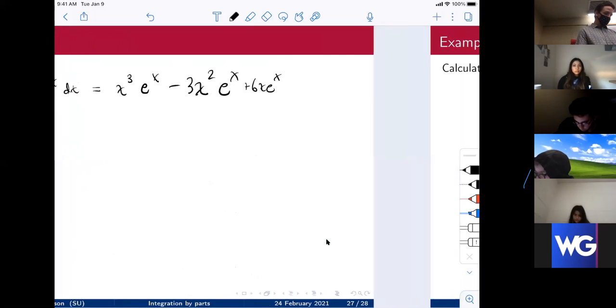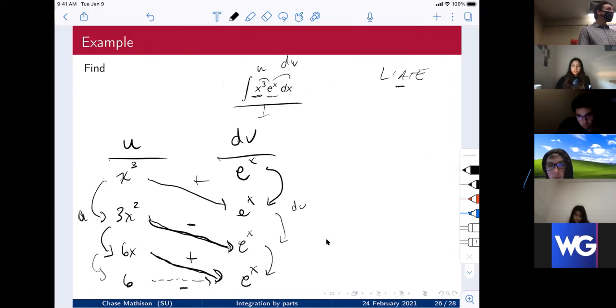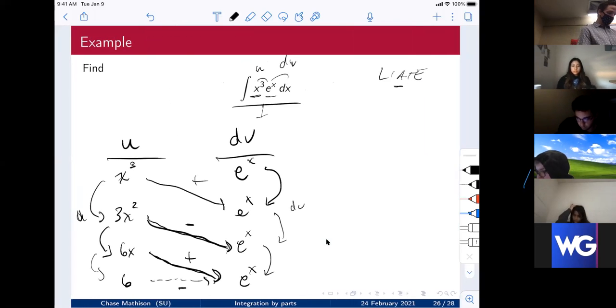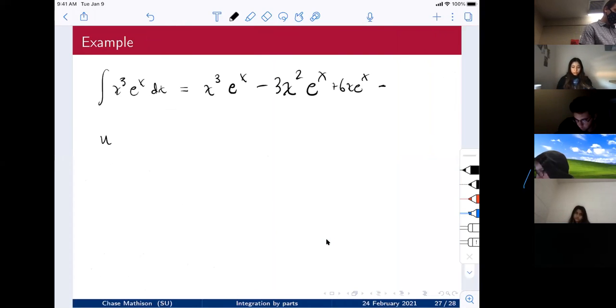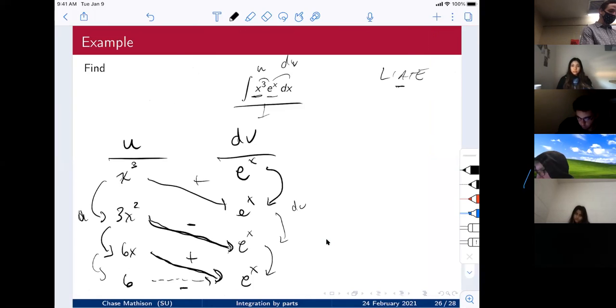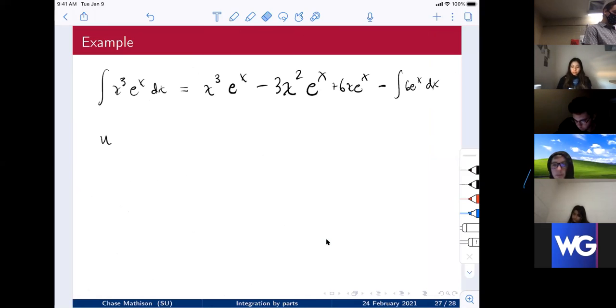Okay. And then, oopsies, minus 6 e to the x. The integral of that. Minus, it's a dashed line, so minus the integral of 6 e to the x dx.